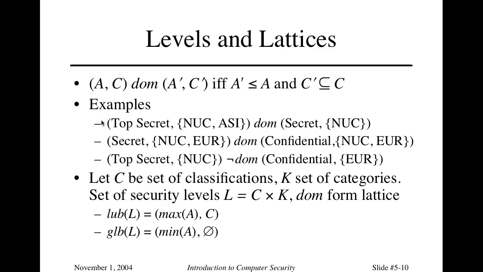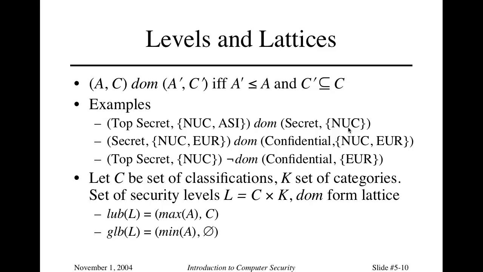For the examples here, in the first example, we compare the two parts. Top secret is higher than secret, right? So for the first part, the left level is higher than the right one. Then the second part, category. The first set of categories includes nuclear, and the second is nuclear only.